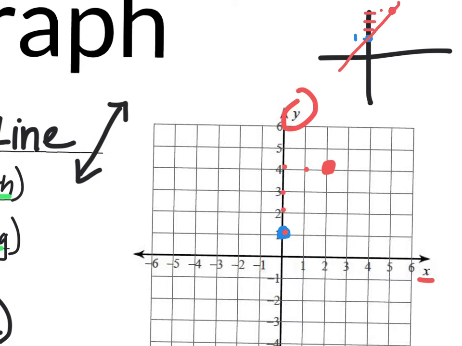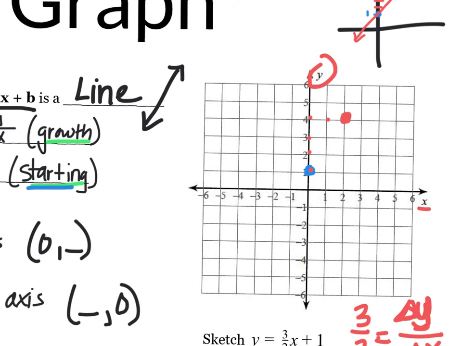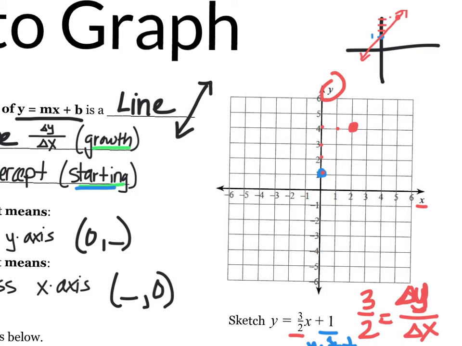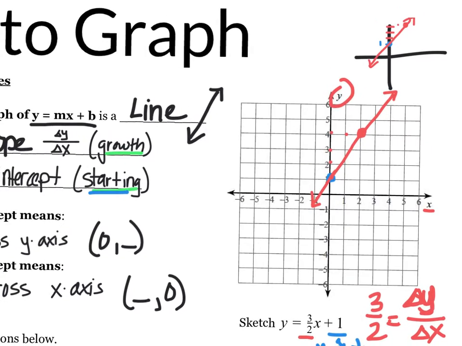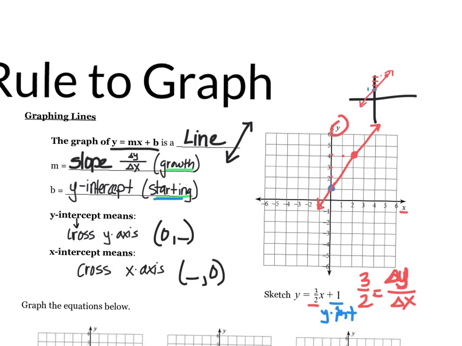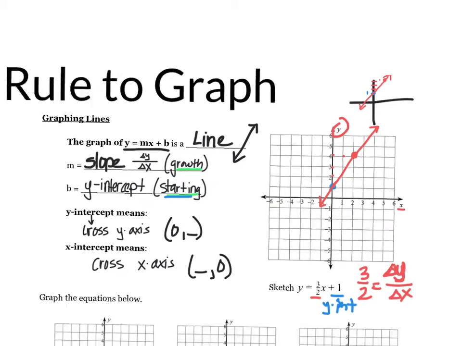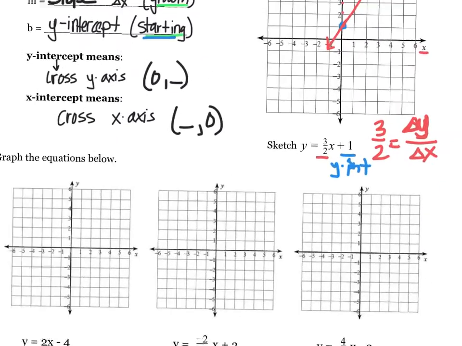All you got to do is connect them. Done. That's how we draw a line quickly using slope-intercept. I certainly could get more points, but in math, we just want to know that you can do 1 point, because if you can do 1, you can do many. So there's your graph of your line for 3 over 2x plus 1. Every time it's growth and start.